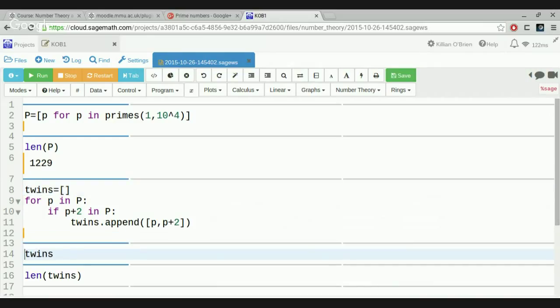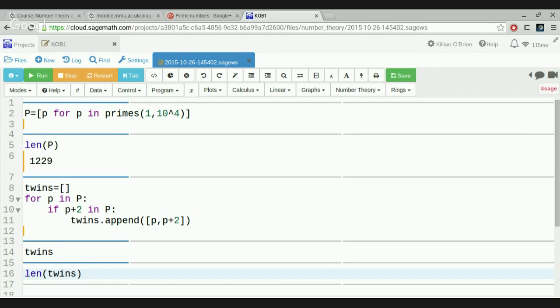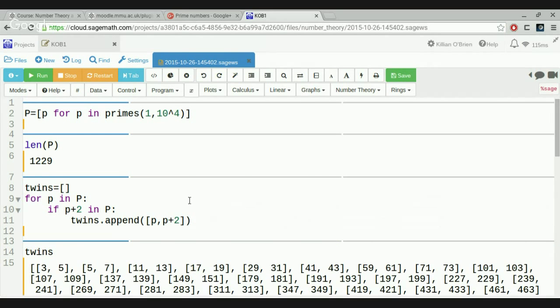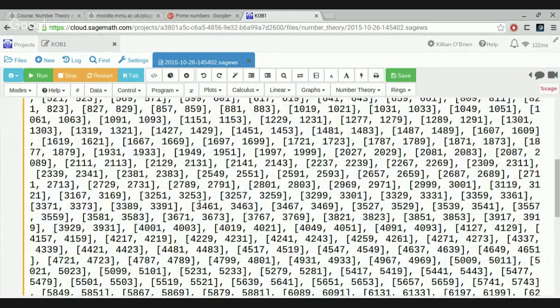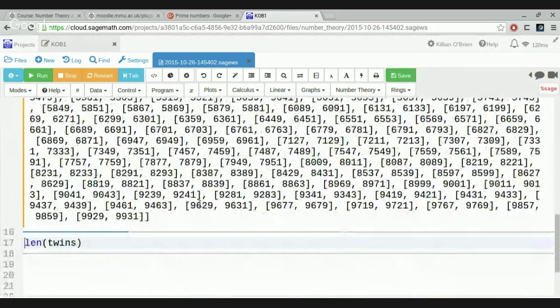If we run that little program, it quickly scans through the 1200 primes there. So these are all the twin prime pairs, like 1667, 1669, all the ones that you can find between 1 and 10,000. The last pair you encounter is 9,929, 9,931.